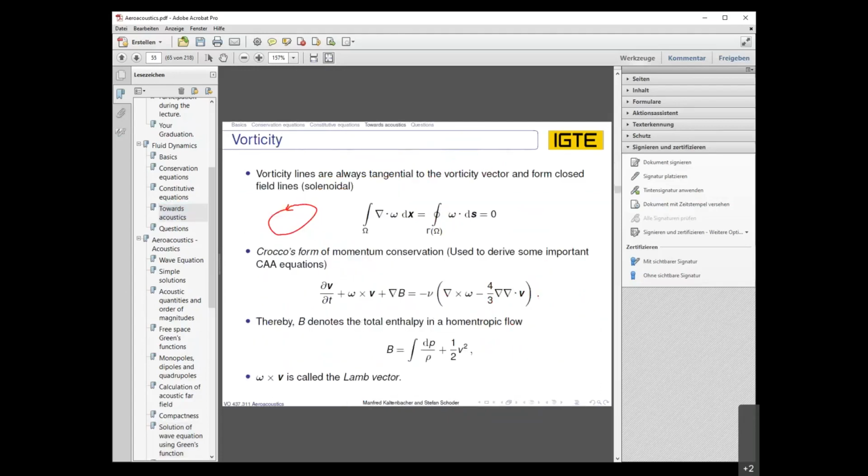Okay, so we have vortex tubes, and there is a reformulation of the momentum equation, or momentum conservation, we had learned before. We can reformulate the conservation of momentum in terms of the vorticity, and see how the vorticity is conserved, how it is dissipated and how it is transformed.